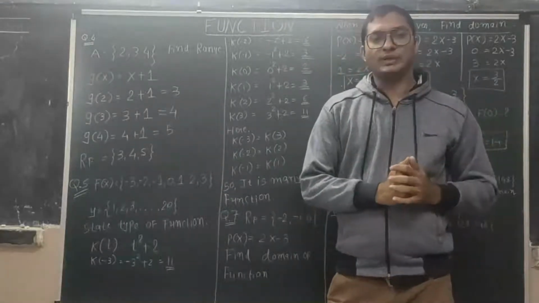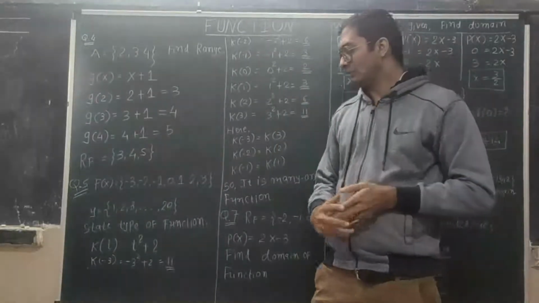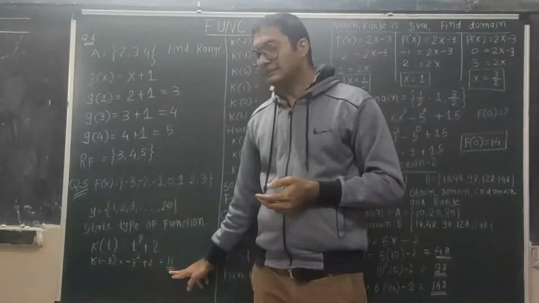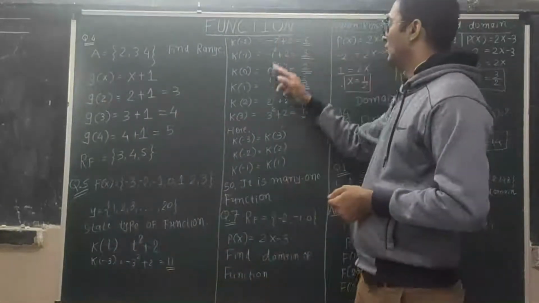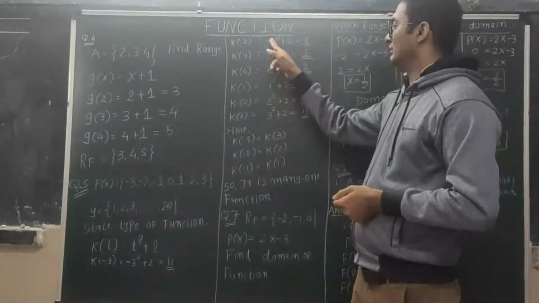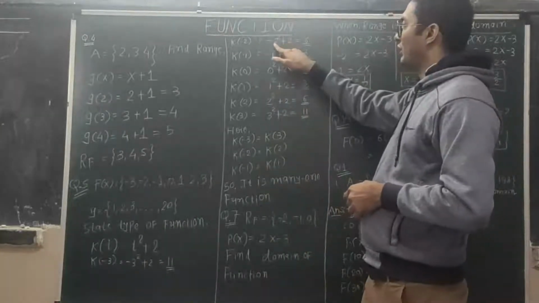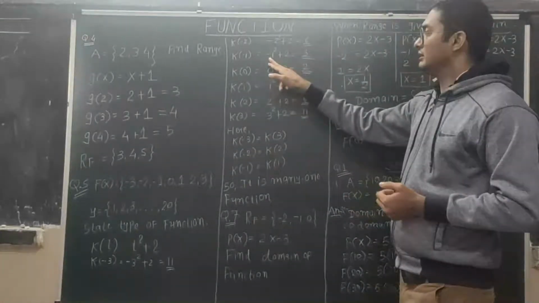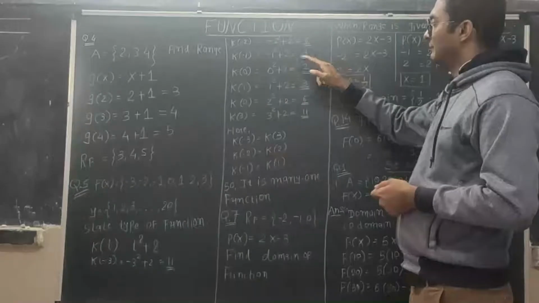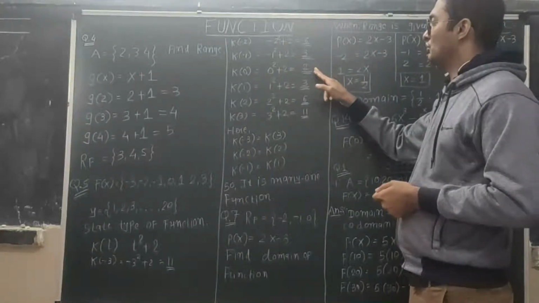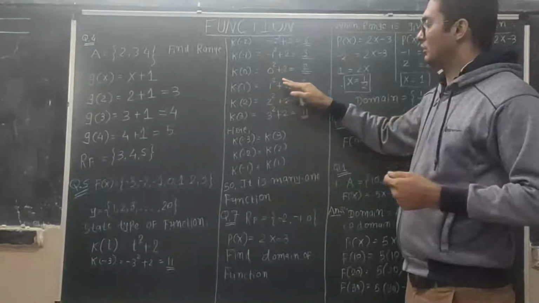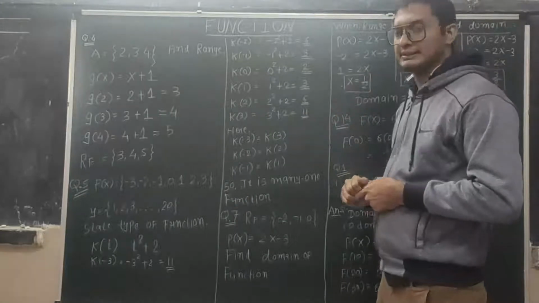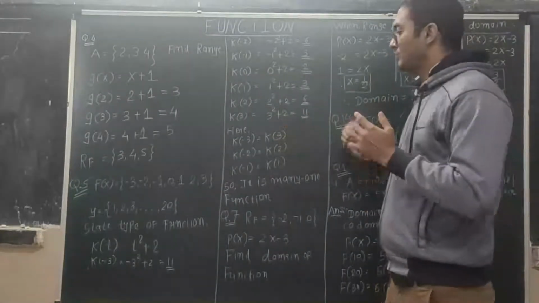The square of any negative value becomes positive, and that's why the square of -3 becomes 9, and 9 plus 2 is 11. In the same way, the square of -2 is 4, 4 plus 2 is 6. Square of -1 is 1, 1 plus 2 is 3. Square of 0 is 0, 0 plus 2 is 2. Square of 1 is 1, 1 plus 2 is 3. Square of 2 is 4, plus 2 is 6. Square of 3 is 9, plus 2 is 11.